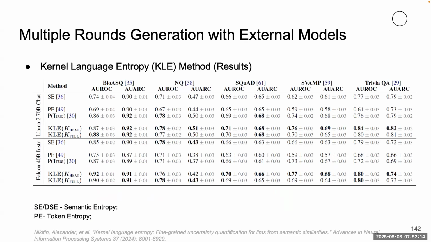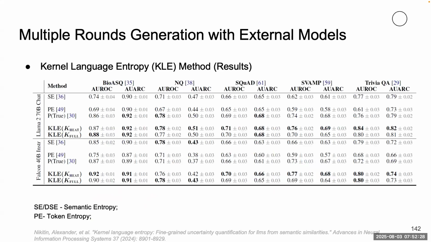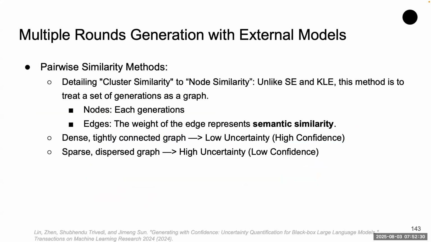Okay, so previously in this category, like in the semantic entropy method, they have the clustering at the middle step. But we could also free ourselves from manually clustering at this additional step.